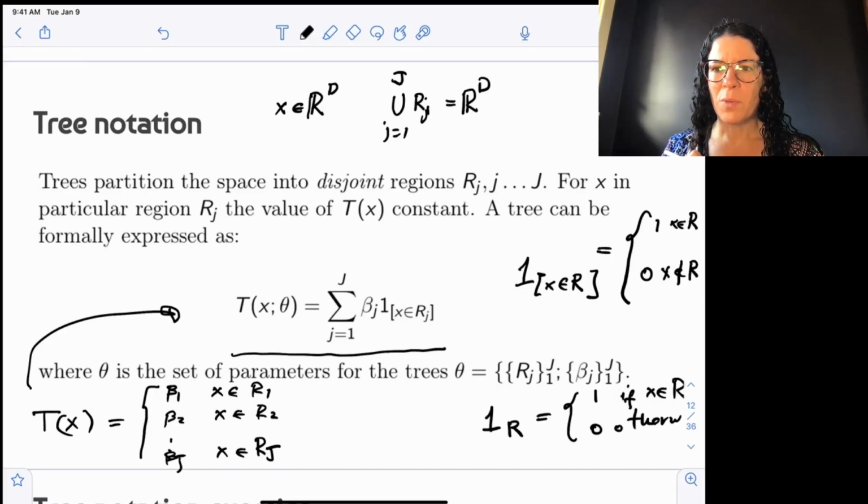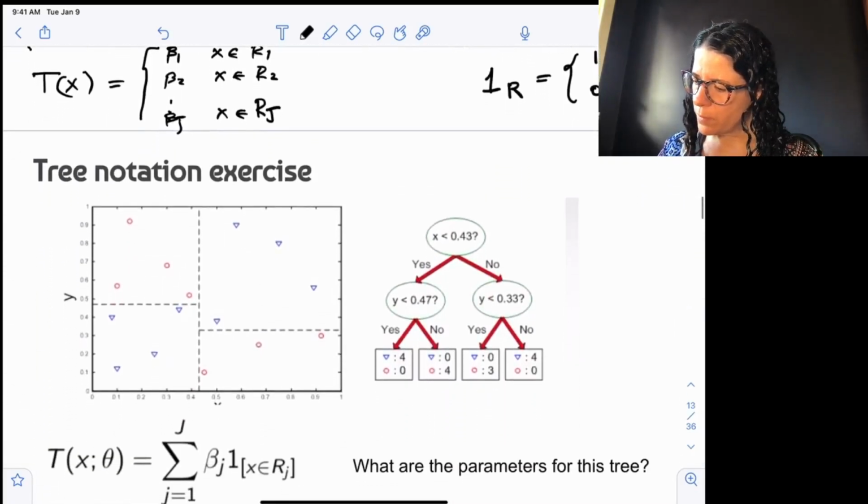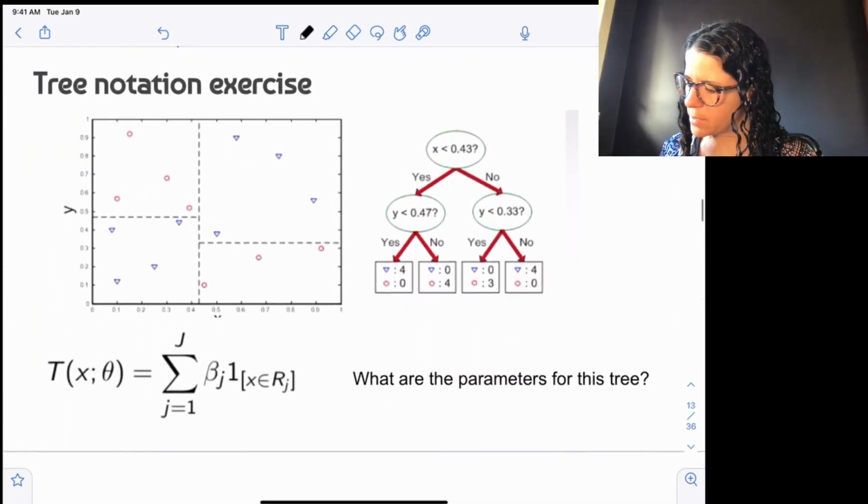Please think about this a little bit. This is just notation, but we need it to be able to talk not only about this particular algorithm, but about gradient boosting in general, and we just need a bit more notation.